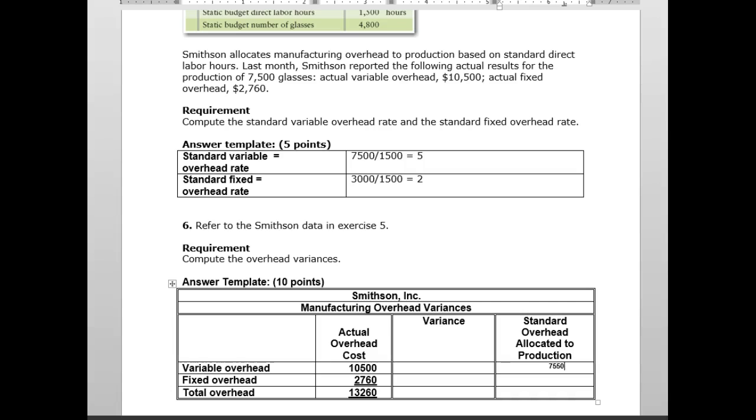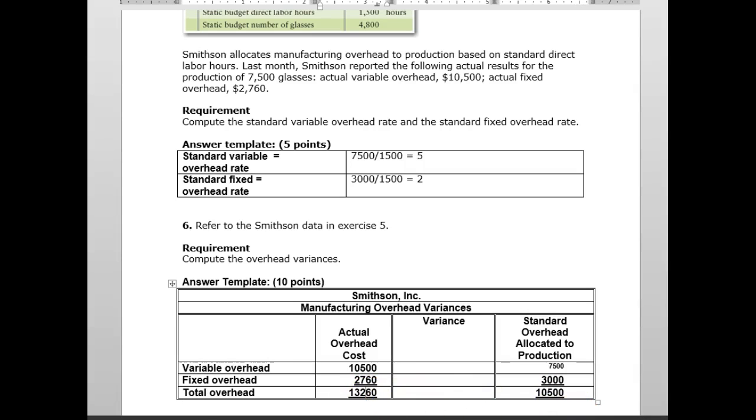Oh, that didn't come up very well, did it? Should have been 7,500. This is going to be 3,000. This is what's been allocated. Now, if I add that together, my overhead for this, and they use some squirrely numbers, and they all kind of run together, should have been 10,500.